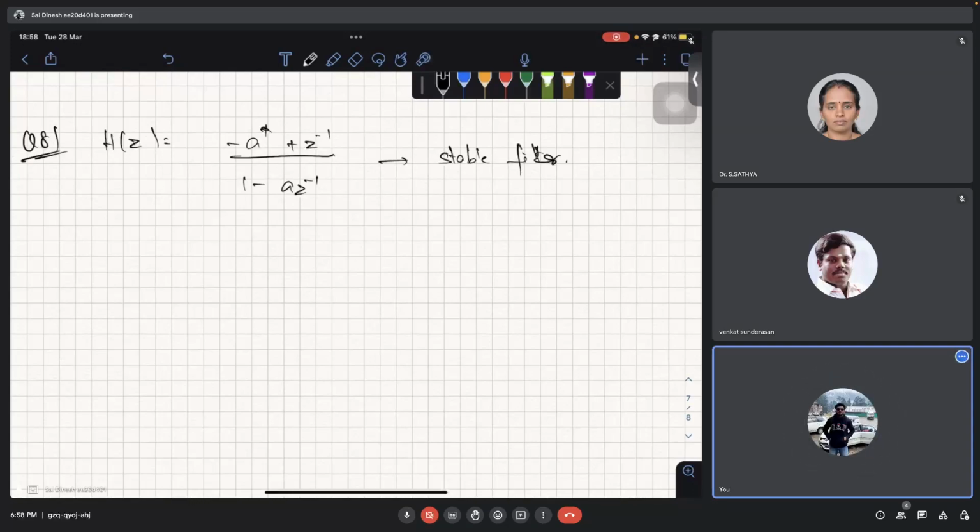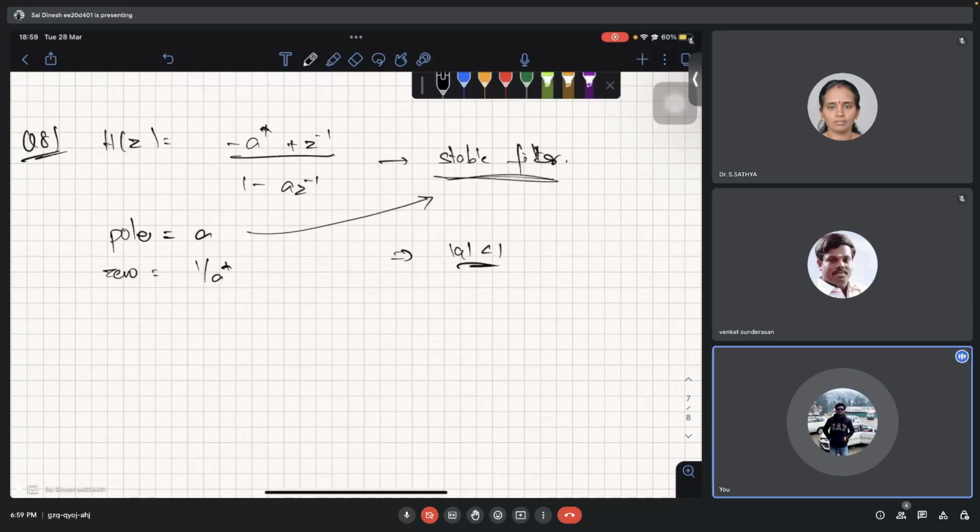So he said that this is a stable filter, meaning the pole is a, the zero is 1 by a star, but then it is stable, which implies mod a is less than 1.